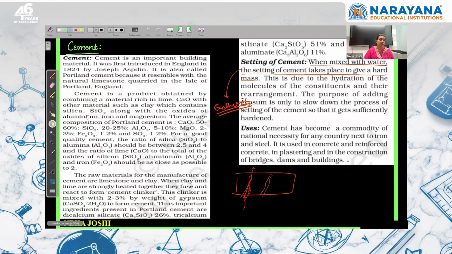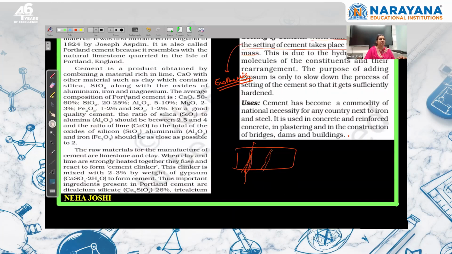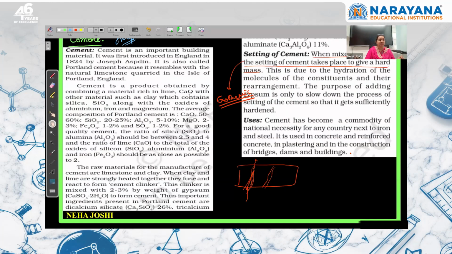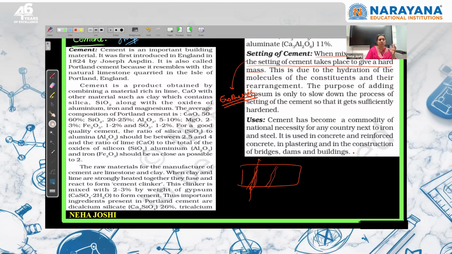Then comes cement. Please read the cement notes. Cement is basically CaO, rich in lime, a product obtained by combining a material rich in lime. Besides lime, it will have SiO2, Al2O3, Fe2O3, and MgO. Different cement materials are there, but the major component is always CaO, 50 to 60%.